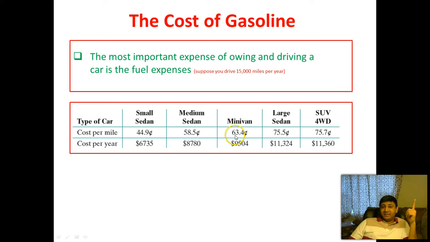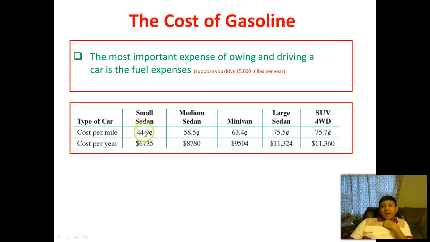A minivan, 63 cents per mile. A large luxury sedan, 75 cents. If you drive a four-wheel drive SUV, it's about 76 cents per mile. Every mile you drive, 76 cents down the drain. Now assuming you're driving 50,000 miles per year, what will be the cost per year?